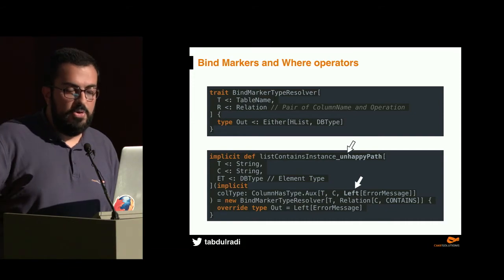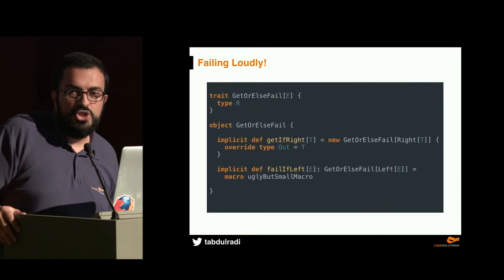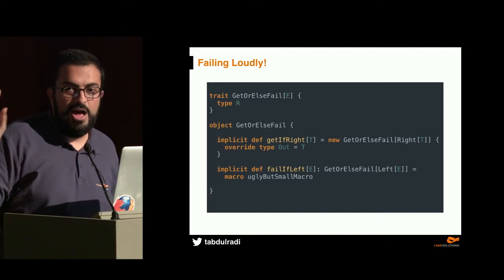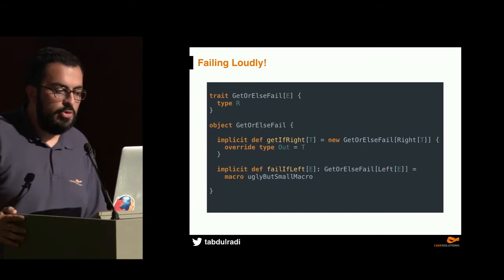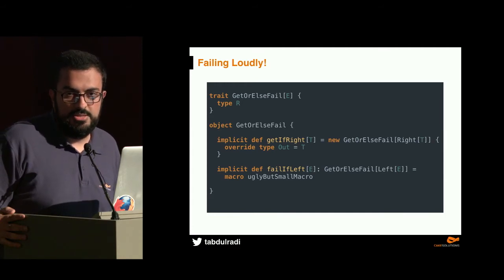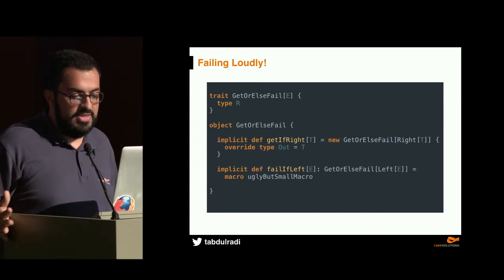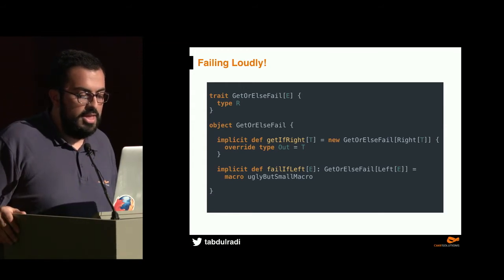Finally, towards the top of the hierarchy, we're going to have a special type class that gets the right out of either or fails. So get or else fail: the input is either, the output is the right of the either. Right? So if it's right, then yep, the output is T, no problem.